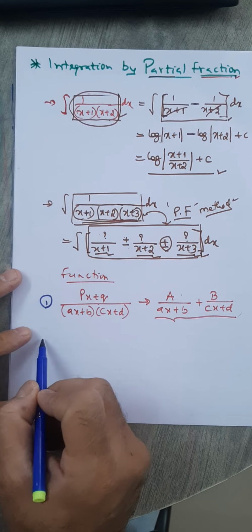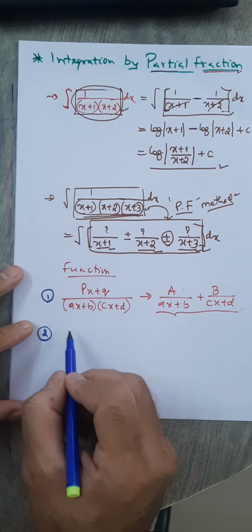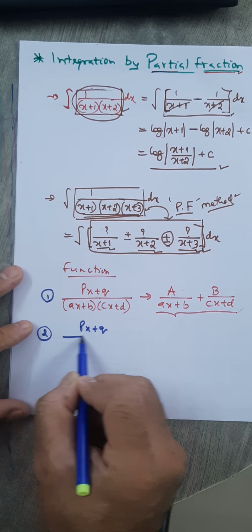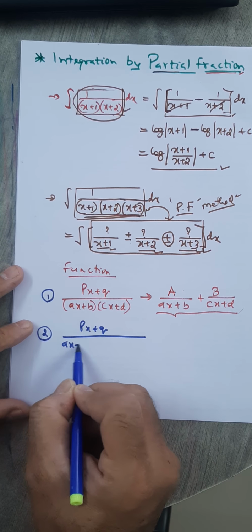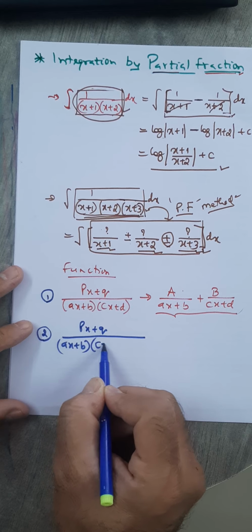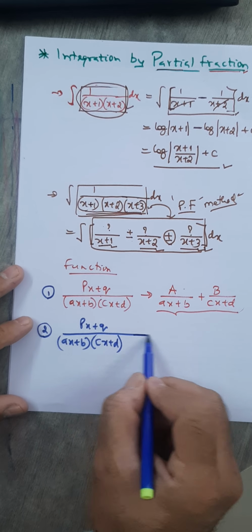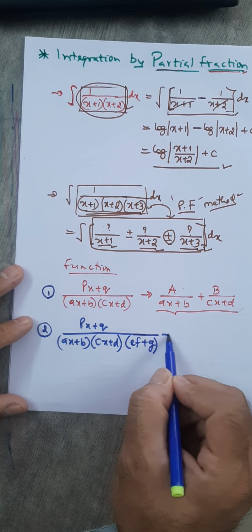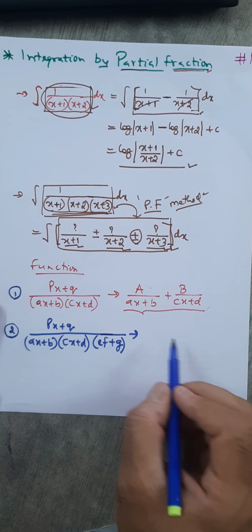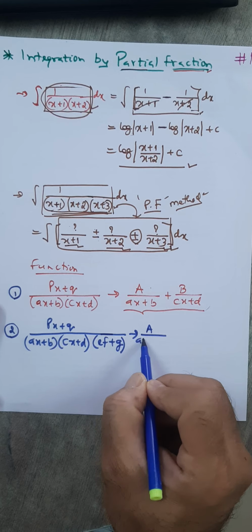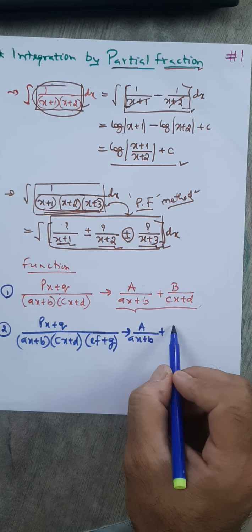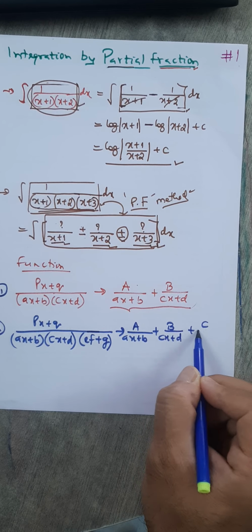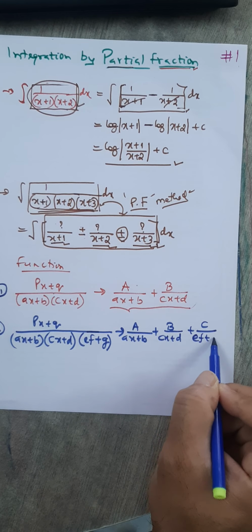One more you may have like this: for example, a linear function px plus q upon the product (ax plus b)(cx plus d)(ex plus g). Then I can express it as one constant upon ax plus b, plus another constant upon cx plus d, plus a third constant upon ex plus g.